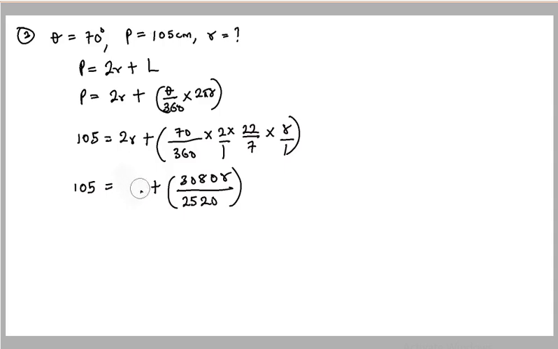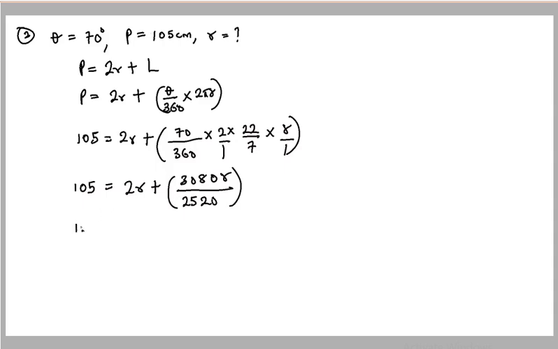If this 2r was not here, I would just cross multiply, calling this over 1, then 3080r times 1 gives 3080r, 2520 times 105 and so on. But that's wrong. So I can't go like that yet. I need to work on that bracket first.